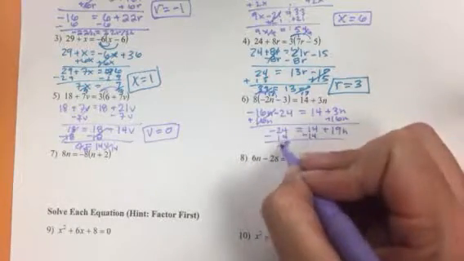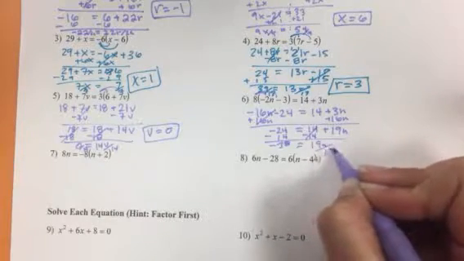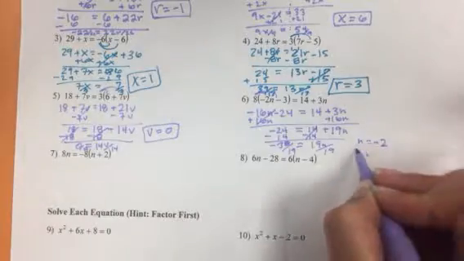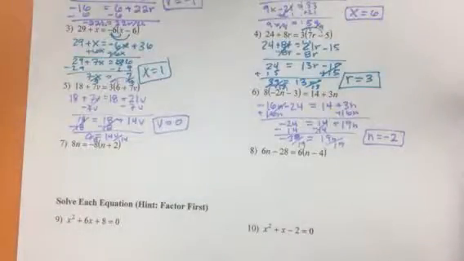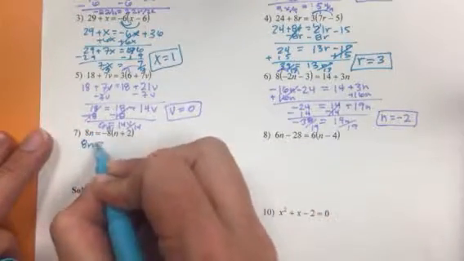Negative 38 equals 19n. Divide by 19, and you should get a negative 2.